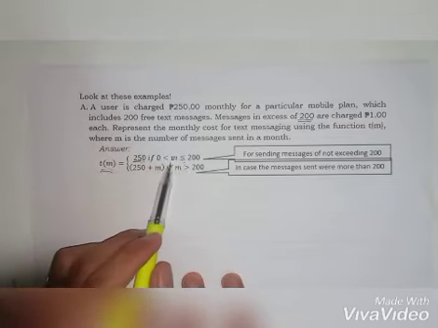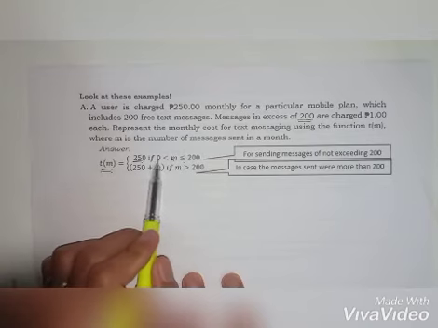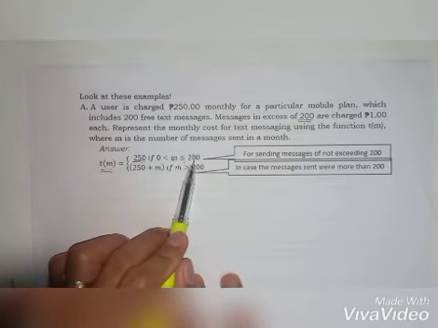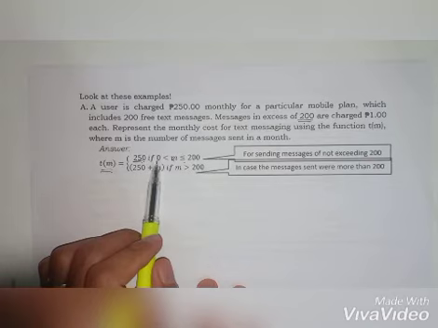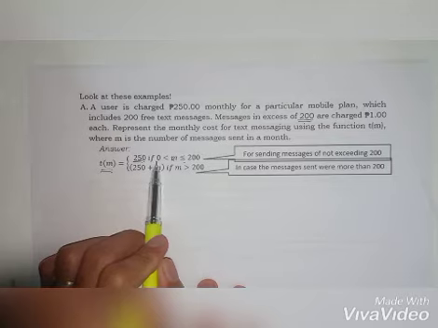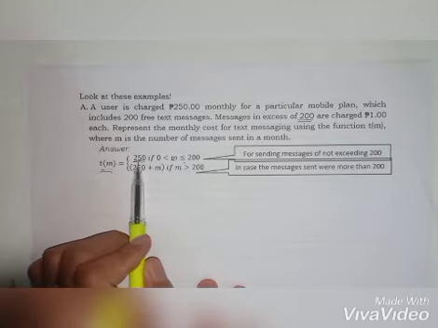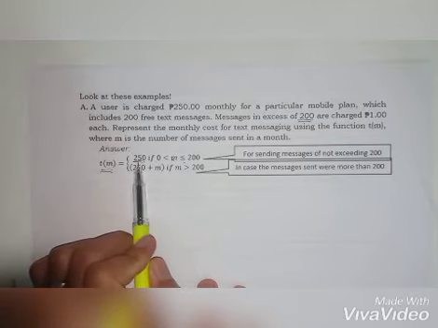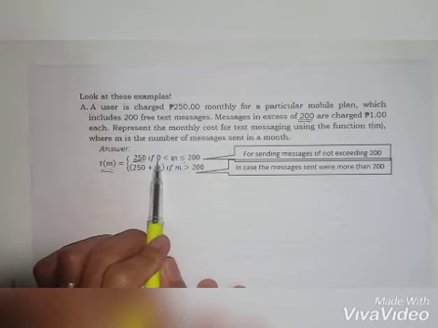As you can see here, M is between 0 and 200. It would mean that even though you have not sent any messages, you are still going to pay 250. Why? Because you are having a plan.